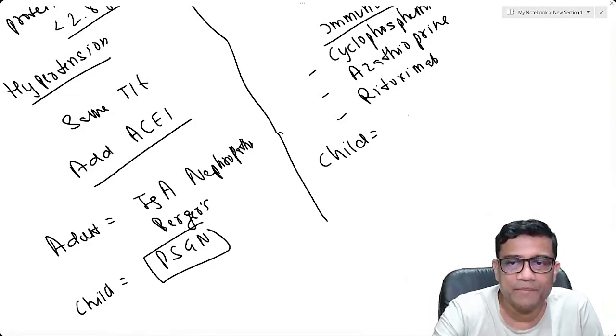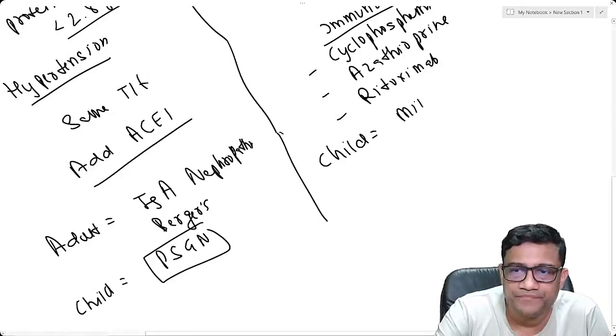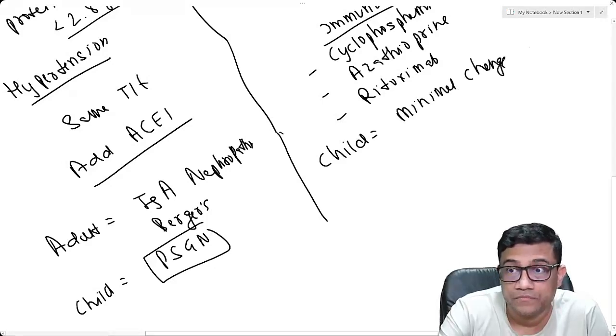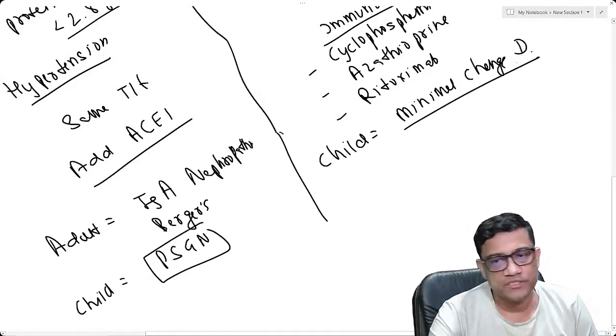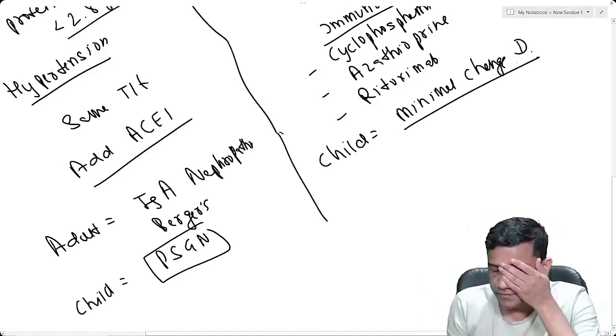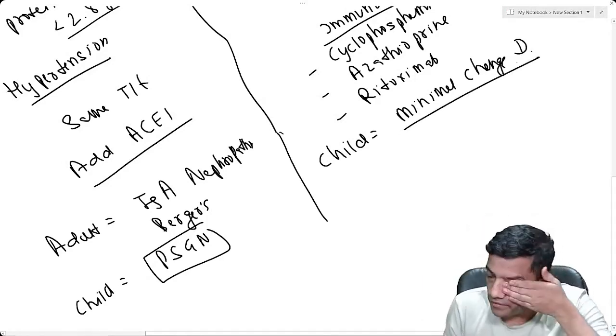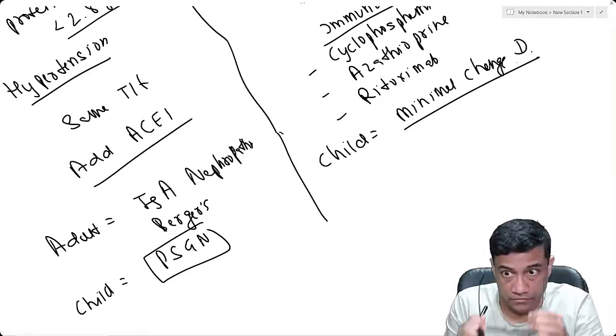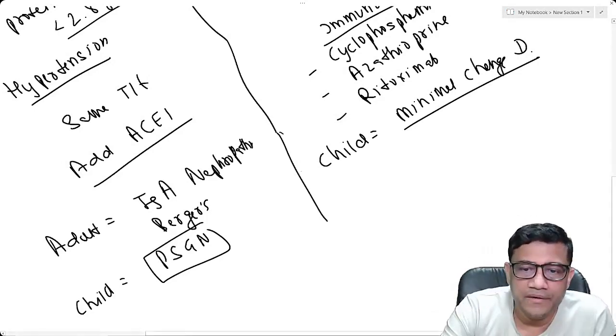Chalo. Minimal change disease. Okay. Next, what is there?